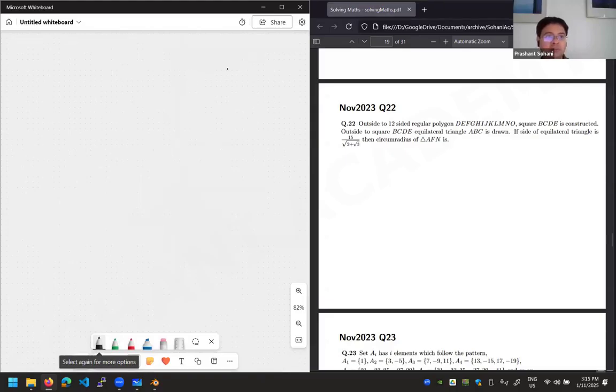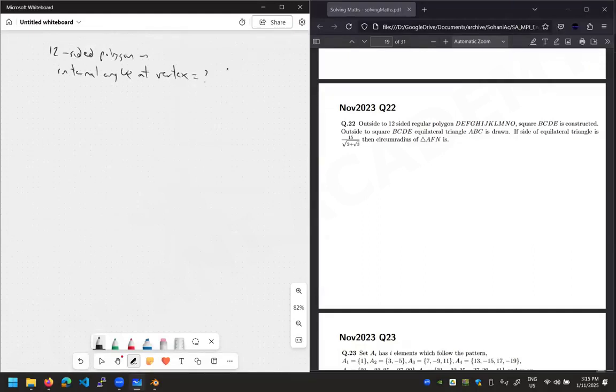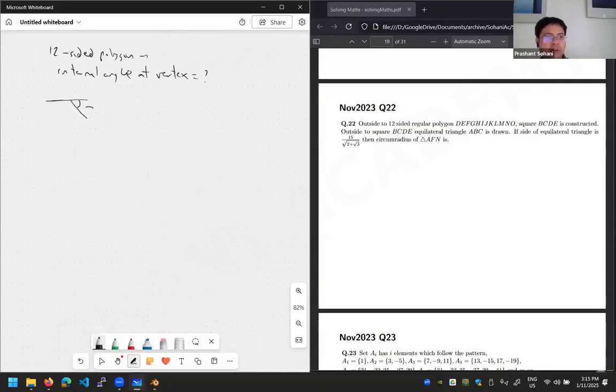So firstly, how do I find the internal angle at each vertex? N minus 2 into 180 upon N. Yes, correct. In case anybody doesn't know the formula, the idea is that the sum of all the external angles has to be 360.